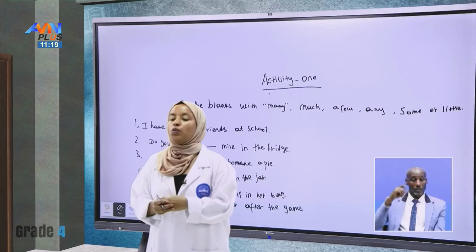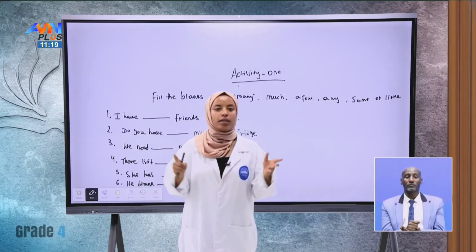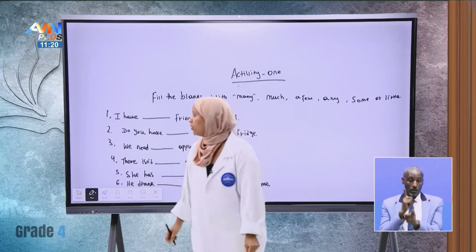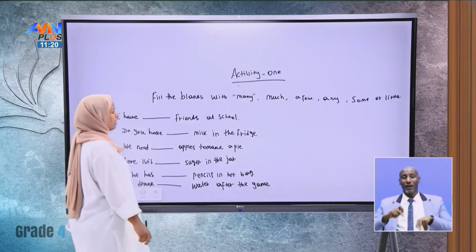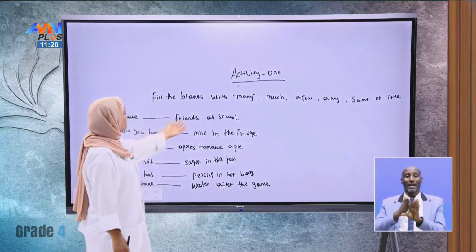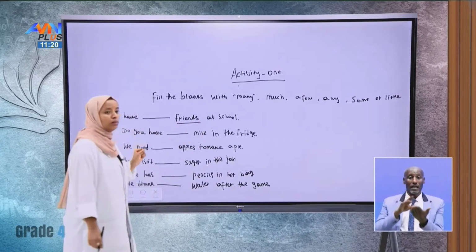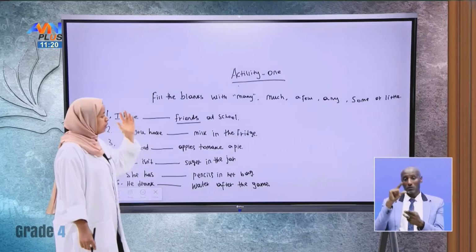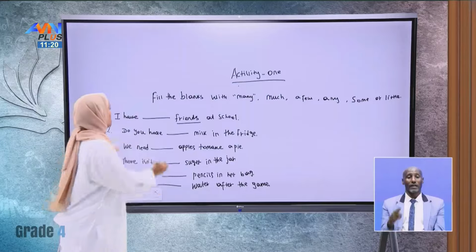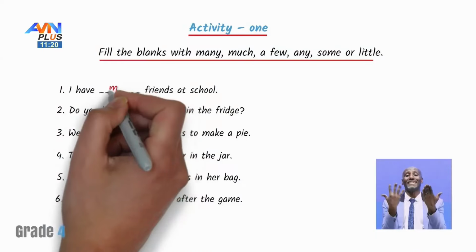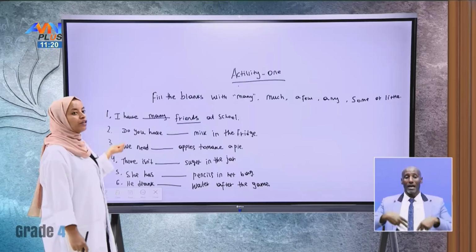Okay, students, I hope you have all finished and you did not forget to write the notes. Let me give you the correction and let us practice together. So this is the first question. I have blank friends at school. Here is a countable noun, not a small amount. Friends, we can use many because this is a countable noun. I have many friends at school.